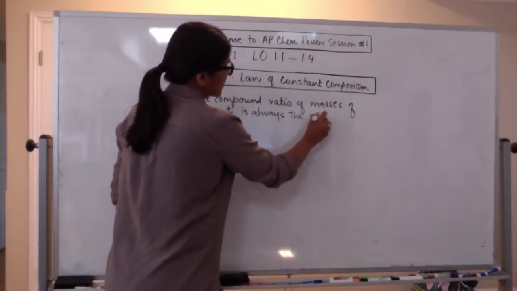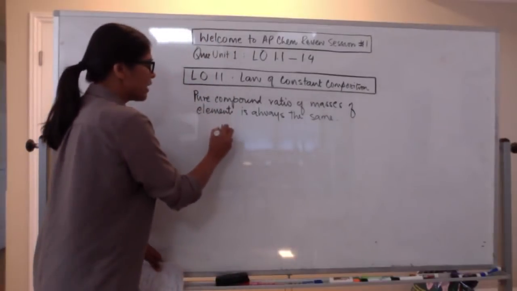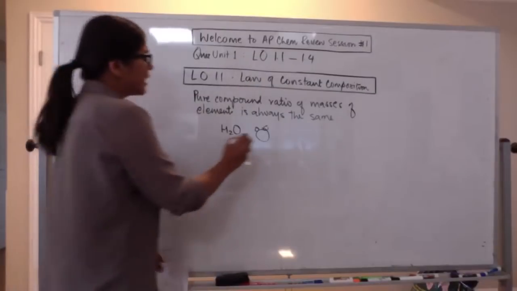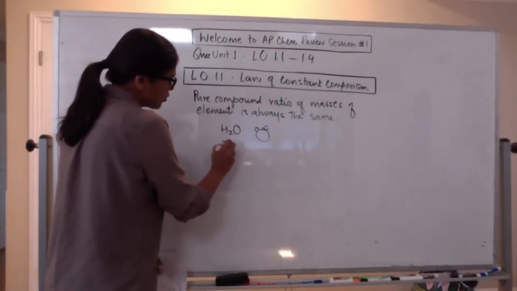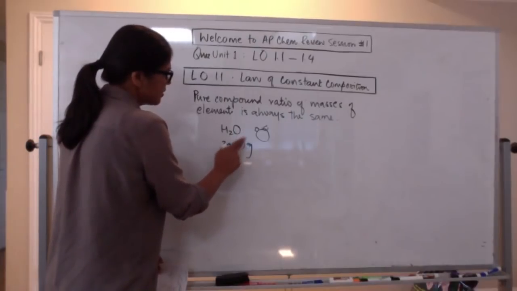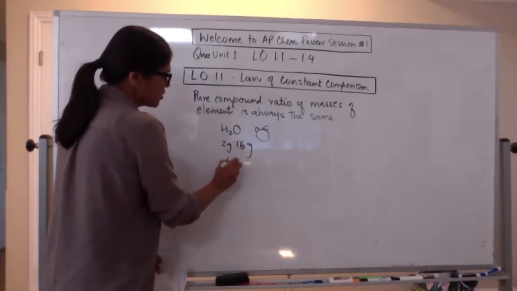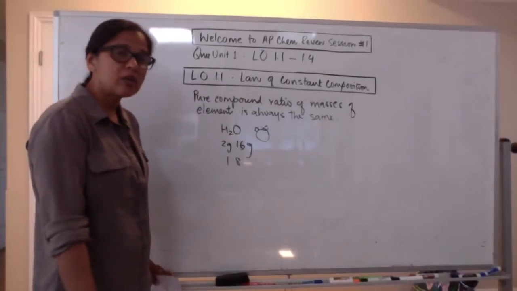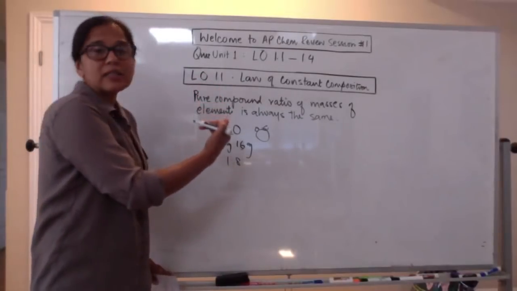Conceptually, this is pretty easy to understand. If you have a water molecule with 2 hydrogen and 1 oxygen, they react in a mass ratio of 2 grams to 16 grams. So that's a 1 to 8 mass ratio. And if it is pure water, it will always have the same ratio. So this concept is rather easy to understand.